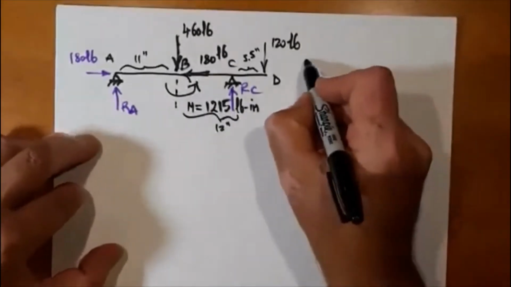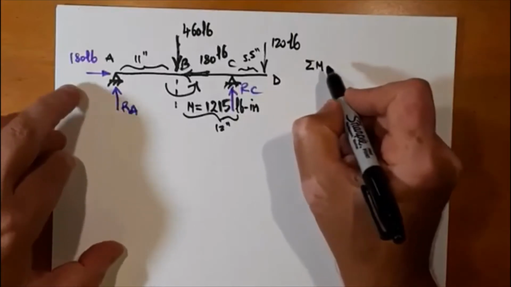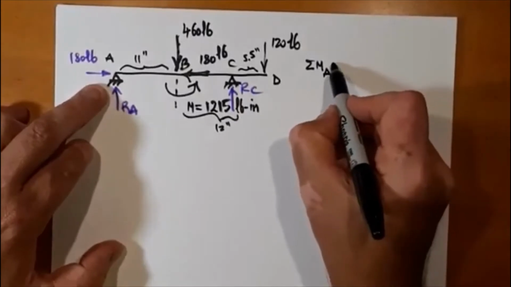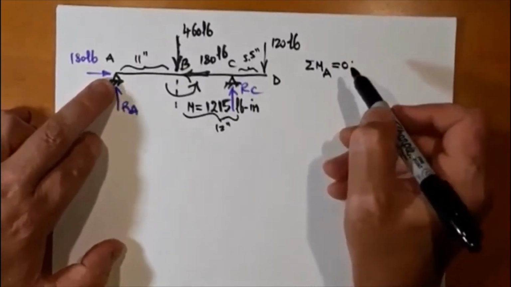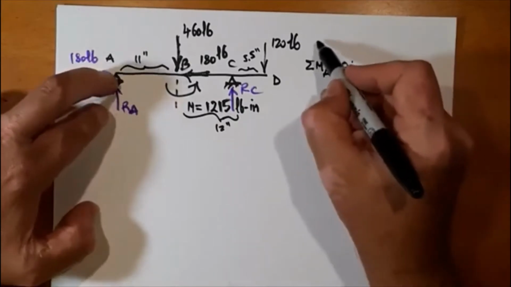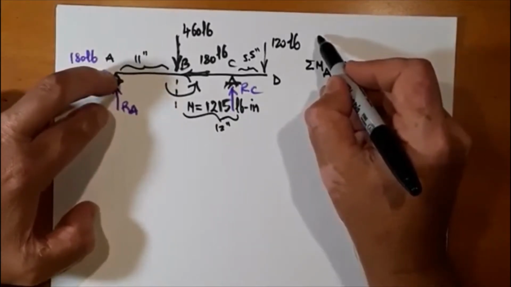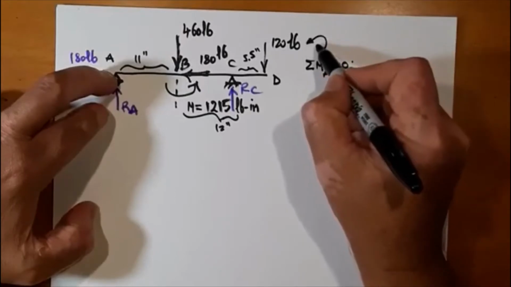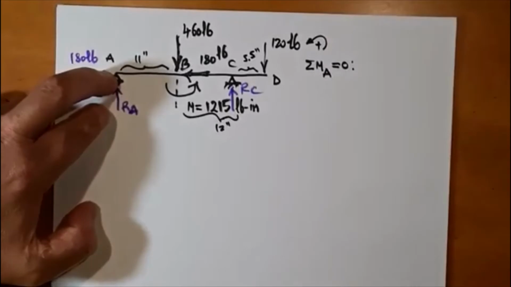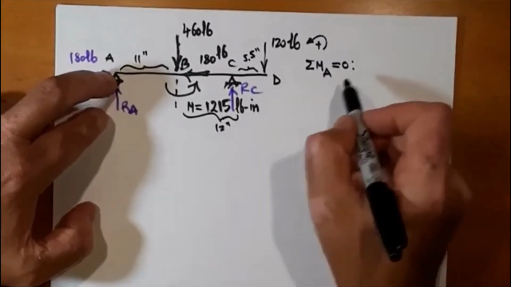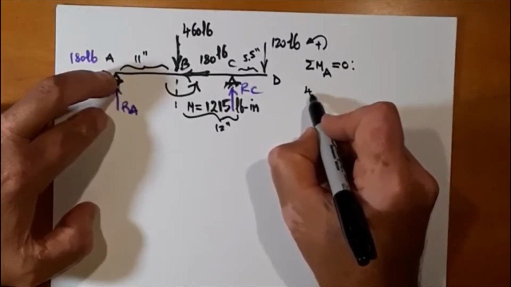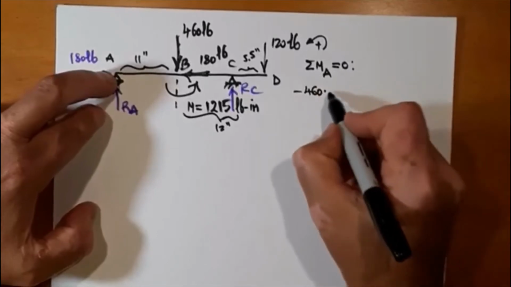Okay, so sum of moments about point A equals 0. So what do we have? For the moment equation, positive I'm going to assume to be counterclockwise. Okay, so there's going to be negative 460 times 11.